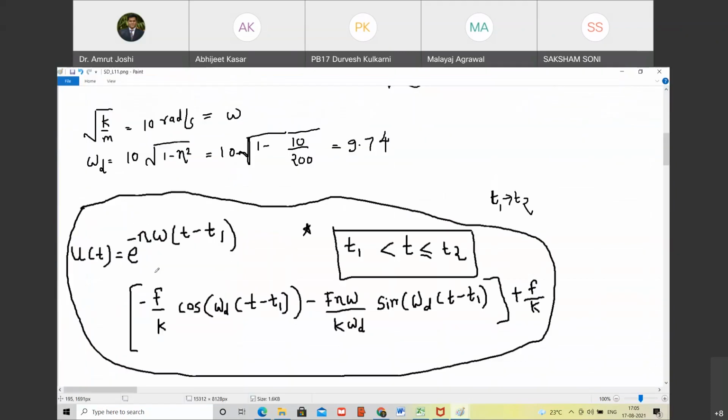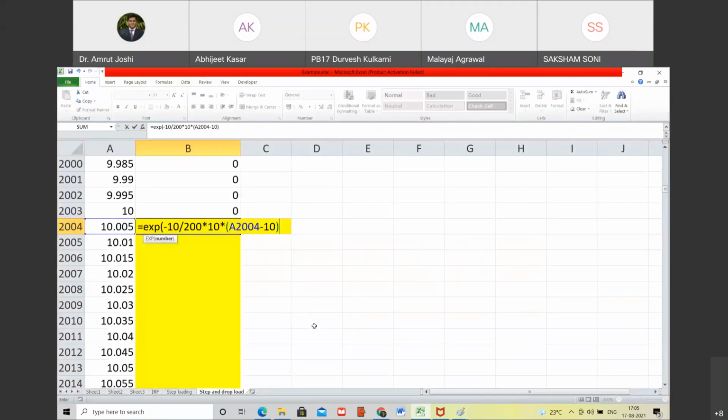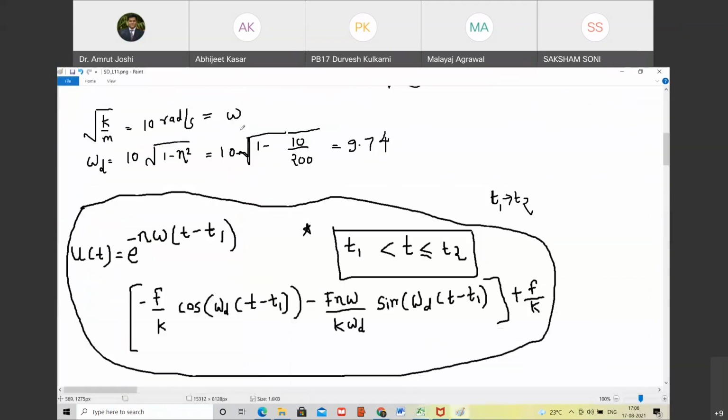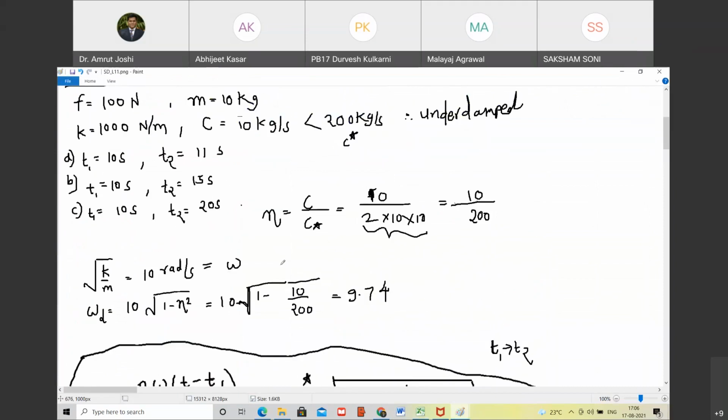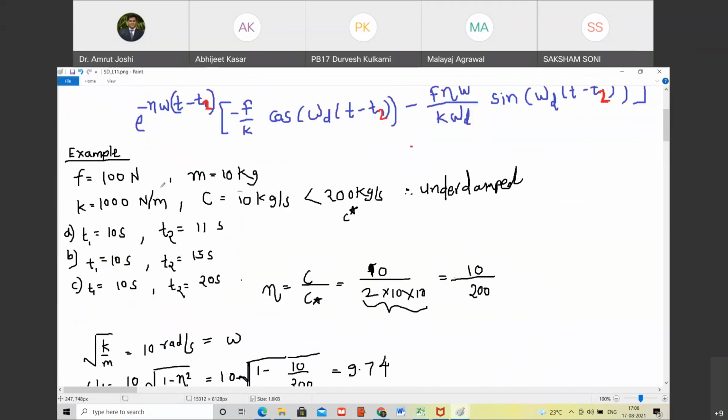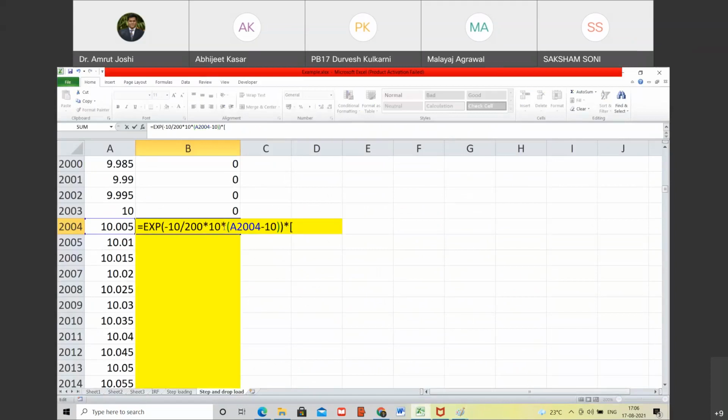So we have written down the first term. What is the second term? That second term I am going to write down multiplied by. First of all, I will have to complete this bracket. Exponential is complete. Now this multiplied by, in bracket, f by k. What is the value of f? F is 100 Newton, so f is 100 divided by k.